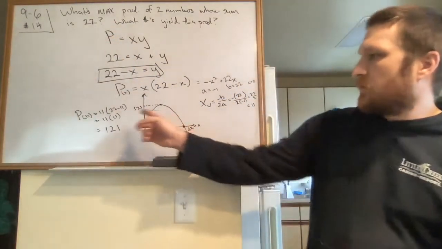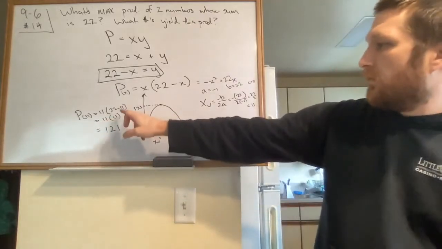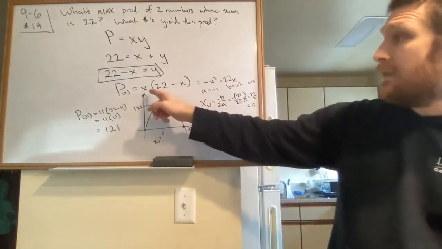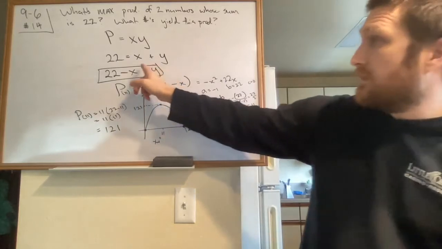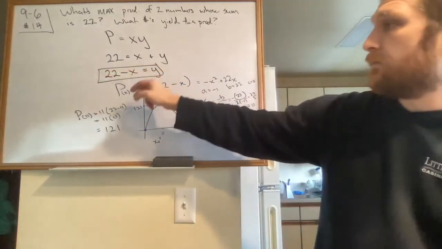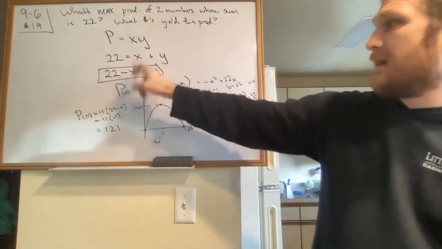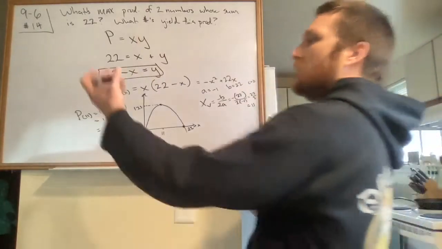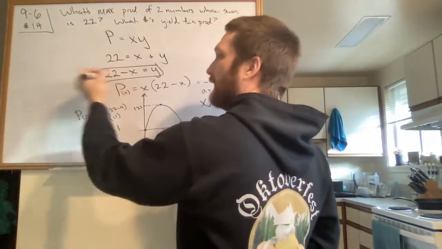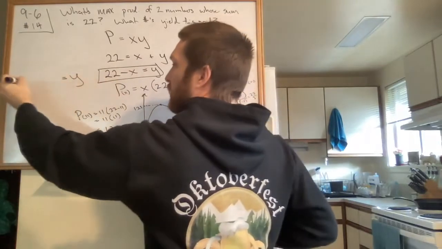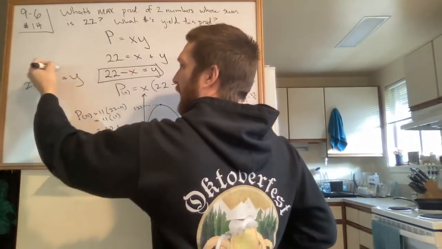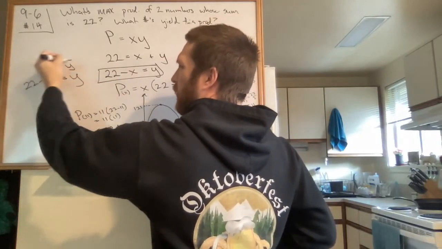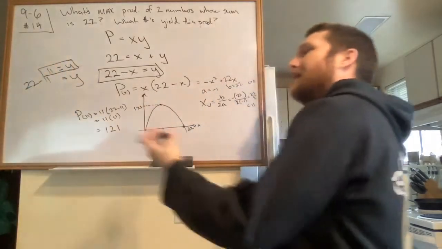And even plugging it back into this is nice because I could see how you got the y in the first place, right? 22 minus that max x is 22 minus 11, which is 11. So y equals 11 at its max.